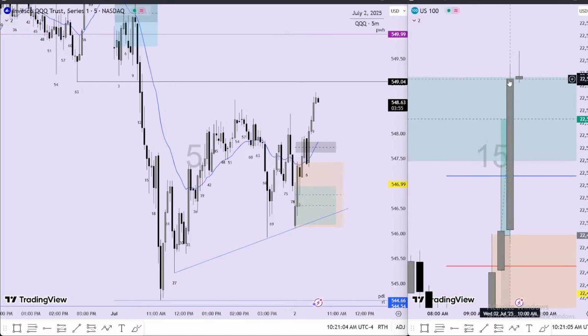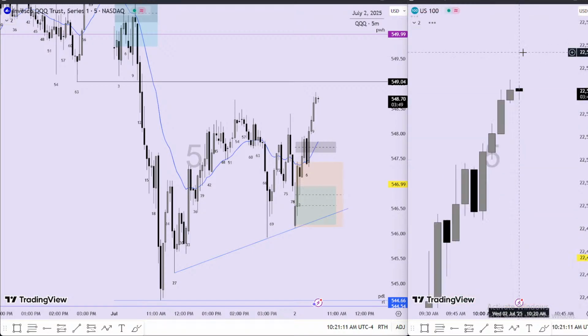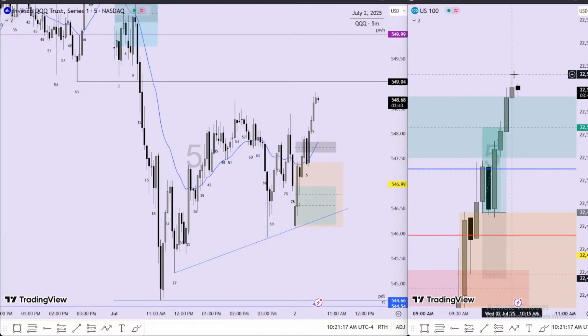We're not giving a close above the NVOG. Let's see on a 5 minutes. We have closed on the 5 minutes above the NVOG, but not on 15 minutes.